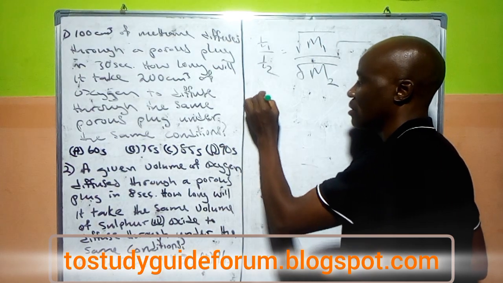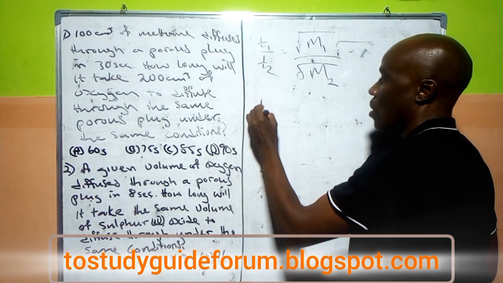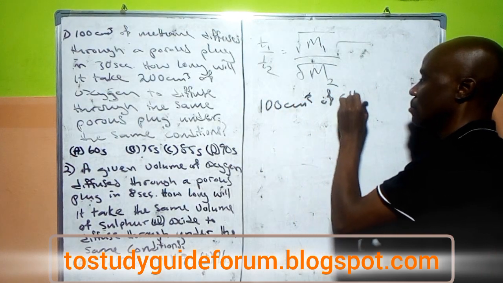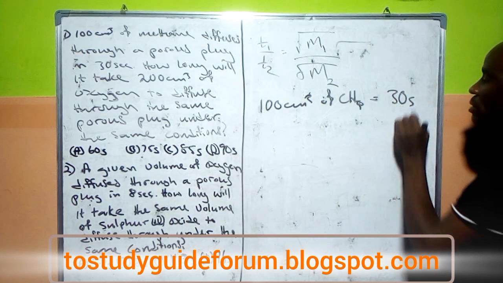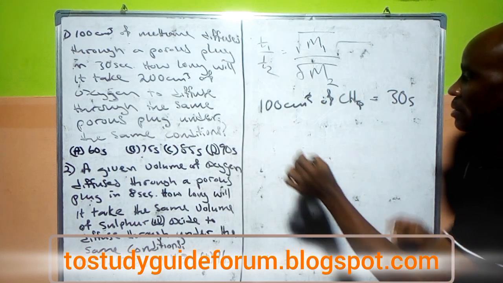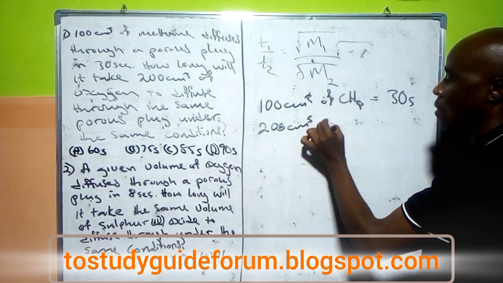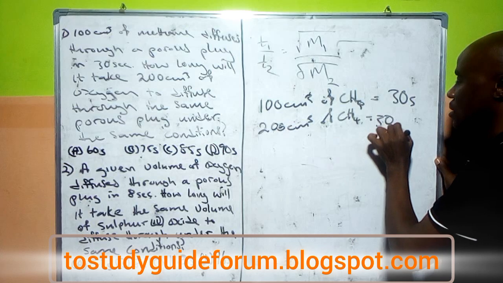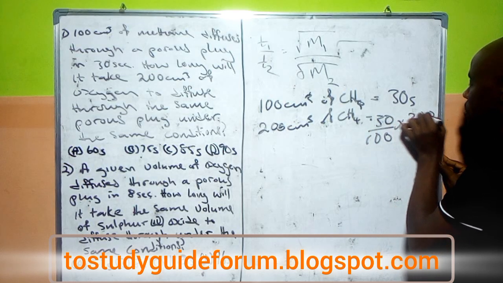We have 100 cm cube of methane equal to 30 seconds. That means 200 cm cube of methane will take 30 seconds over 100 times 200 over 1.